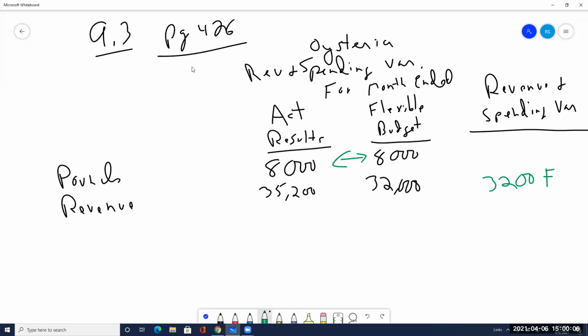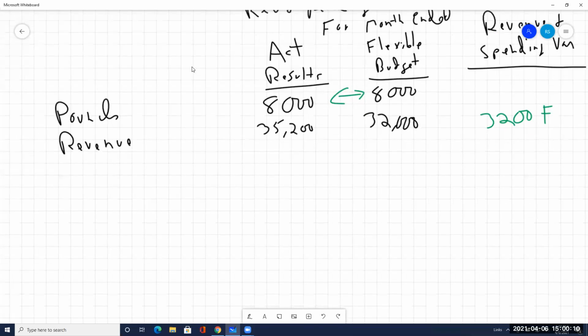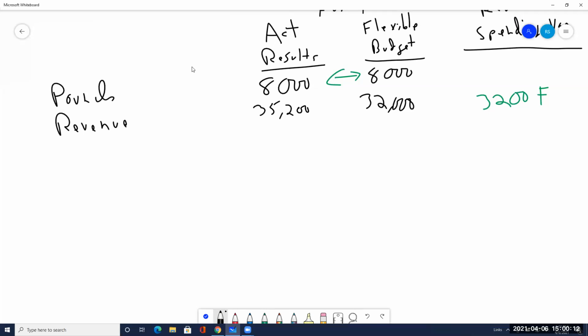So now let's go ahead and take a look at my expenses. And for my expenses, I have packing supplies. And this was 4 grand here.